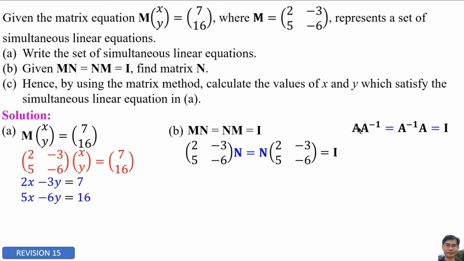We know that matrix A multiplied by inverse of matrix A equals inverse of matrix A multiplied by matrix A equals I. I is the identity matrix. Based on these formulas, we know that N must be the inverse matrix of M. Means N is the inverse matrix of M.